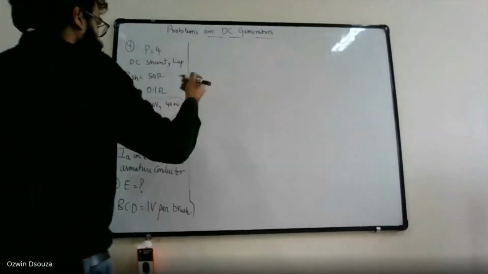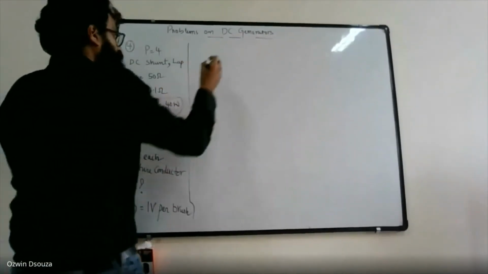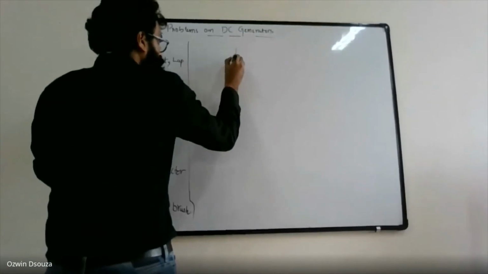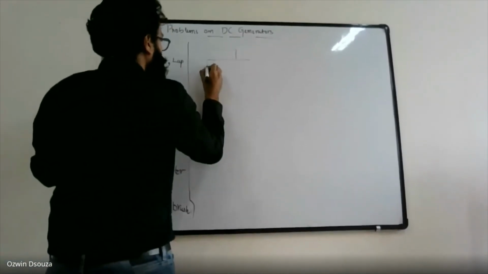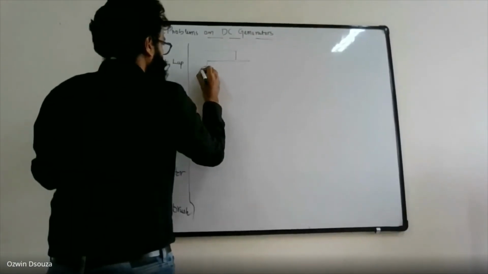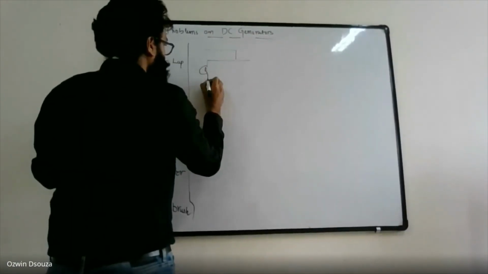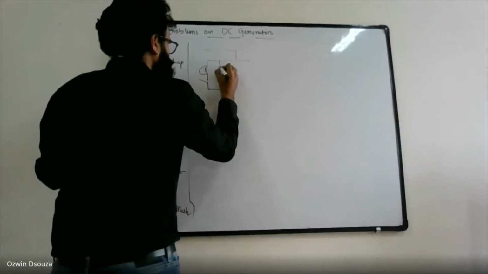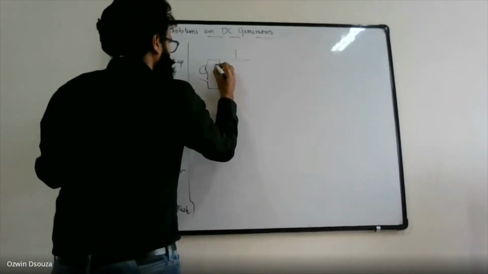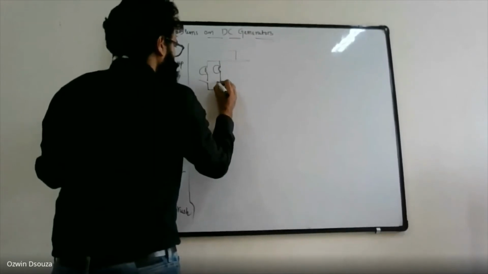So let's try to recreate the problem. This is how the load is connected, in parallel. This is your lamp. Let's say this is your switch. This is your second lamp, and this is your switch.